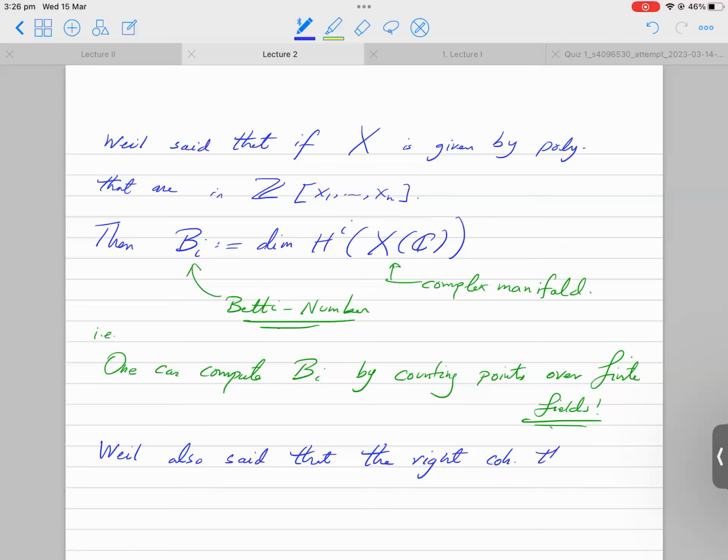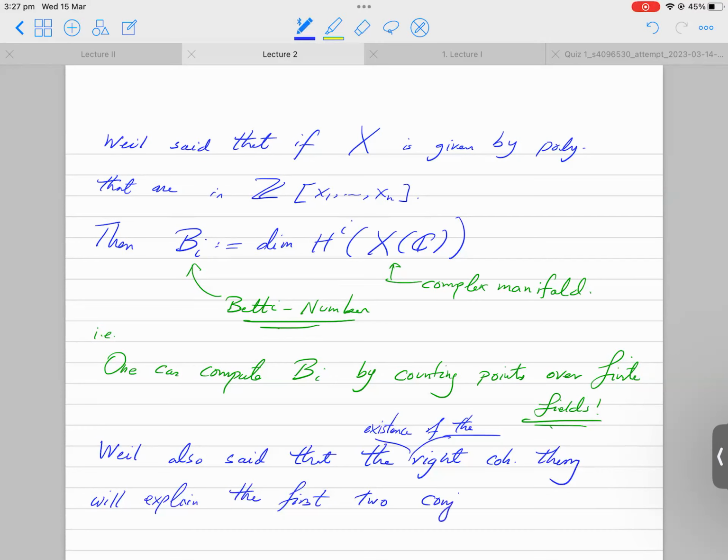The existence of the right cohomology theory will explain the first two conjectures, so parts 1 and 2 of the Weil conjectures, okay?